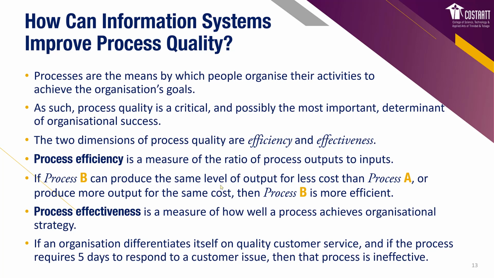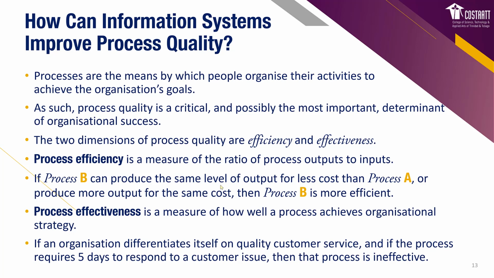If process B can produce the same level of output for less cost than process A, or produce more output for the same cost, then process B is more efficient. The other issue, of course, is process effectiveness. And this is a measure of how well a process achieves organizational strategy. In other words, think of effectiveness as a bullseye, a dartboard.